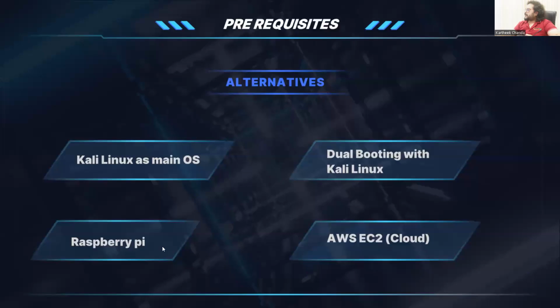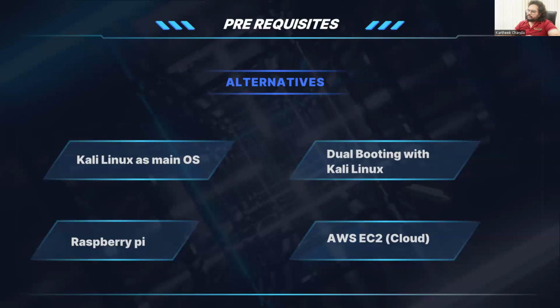Either you can use a Raspberry Pi, or you can use an AWS EC2 instance. This is cloud. Basically you can install Kali Linux in the cloud. AWS EC2 provides infrastructure as a service, where you can install the Kali Linux operating system in the cloud.